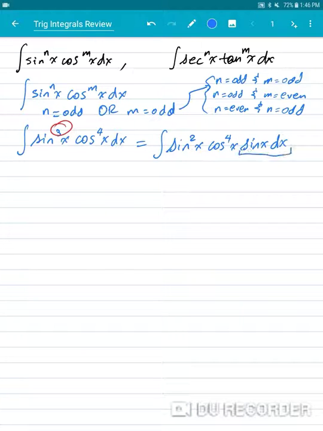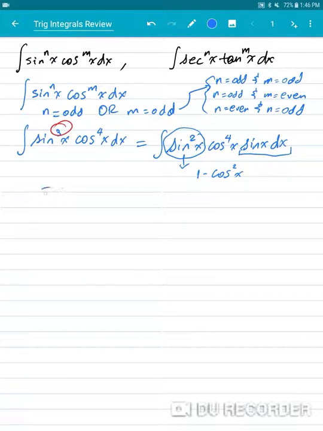So that I will say is for du, and that means u will be cosine x. I need to replace the sine squared x by an expression in terms of cosine, and in this case it's 1 minus cosine squared x.